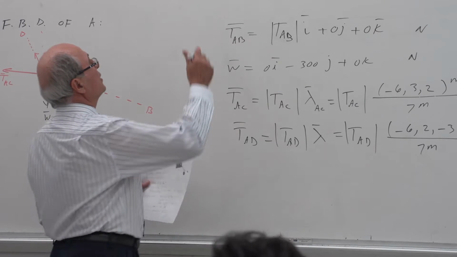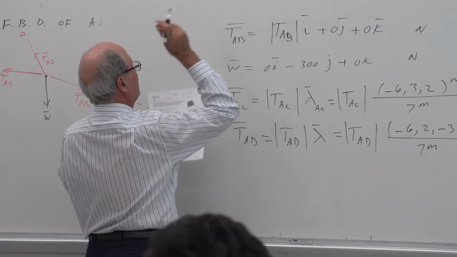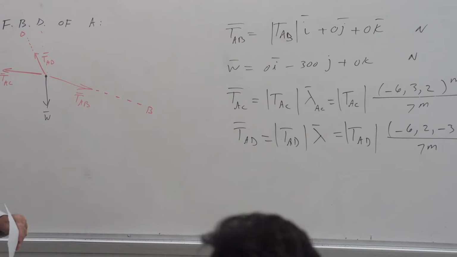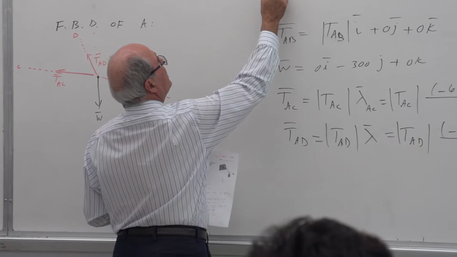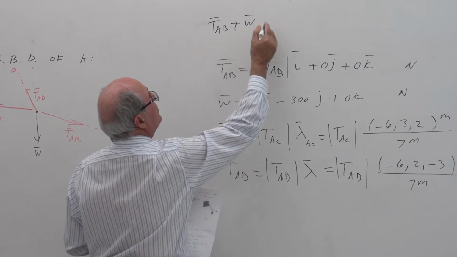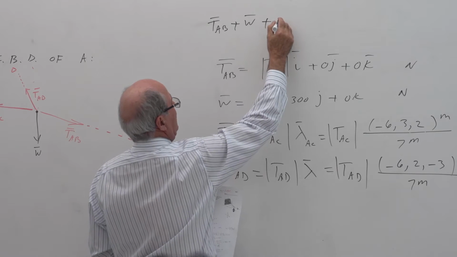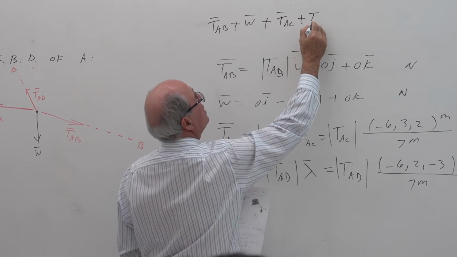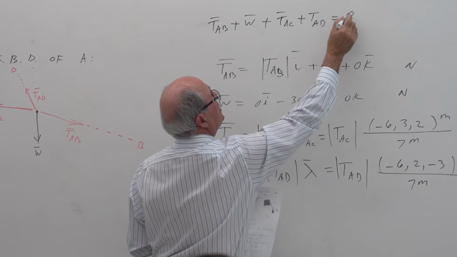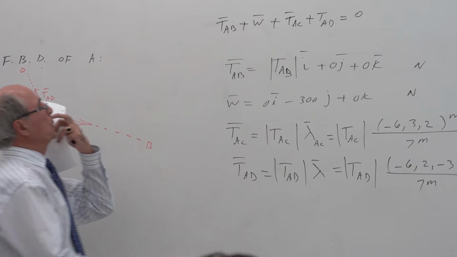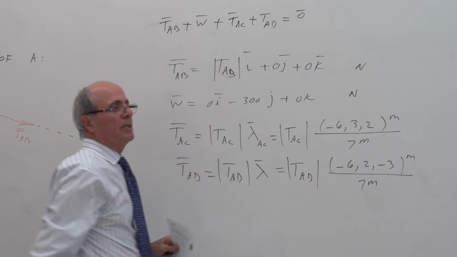Of course, the idea is this: the summation of all these forces together must be equal to 0. So TAB plus W in vector form plus TAC plus TAB as a vector. This becomes a polygon of the forces, and that is equal to 0, and 0 should also be a vector.